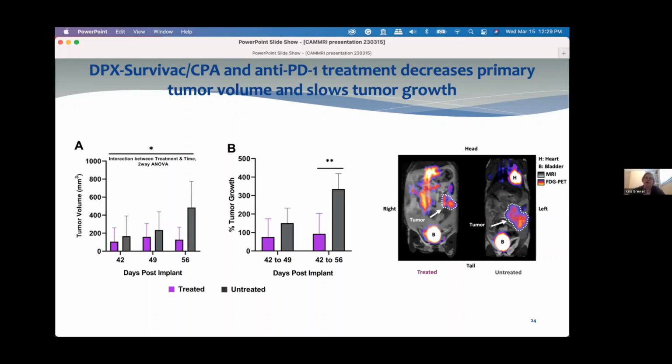So the longer you wait, the bigger the difference you see between them. On the right is a PET scan we also did, where the tumor is highlighted in the white dots. The one on the left is treated, the one on the right is untreated.